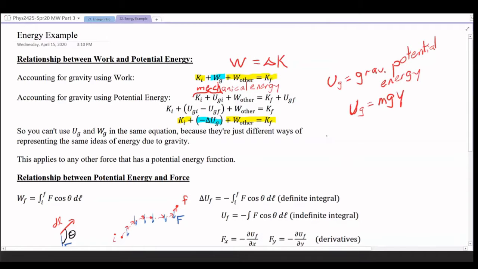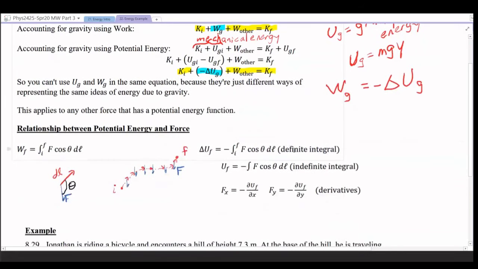So that is why the work due to gravity is minus the change in potential energy due to gravity. I did a graphical version of that in the notes last year in, I think, lecture 22. So you can see the graphical version of those same equations.